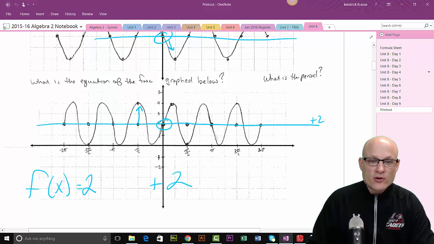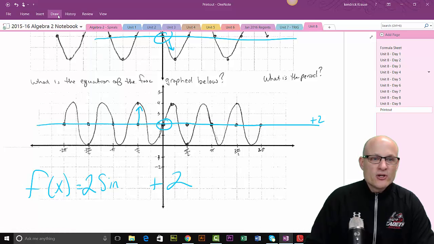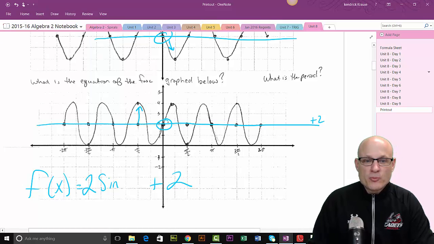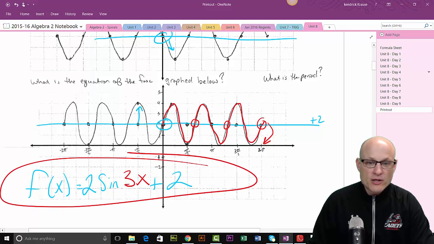It's positive because notice I'm going up first. So 2 sine. Now the next question is, how many complete sine curves do I finish in 2 pi? Up, down, back, 1. Up, down, back, 2. Up, down, back, 3. I finished 3 sine curves in 2 pi. So this would be 3x, and that would be my equation.